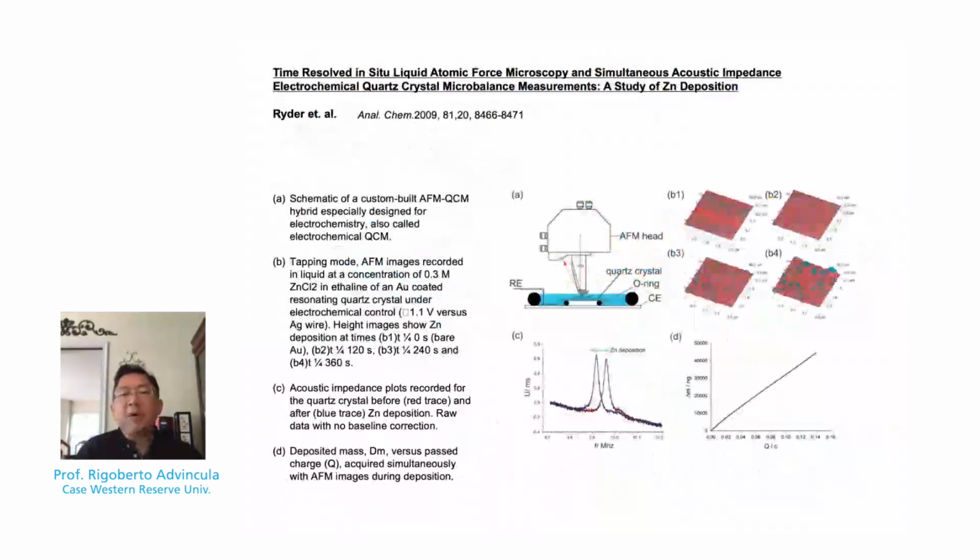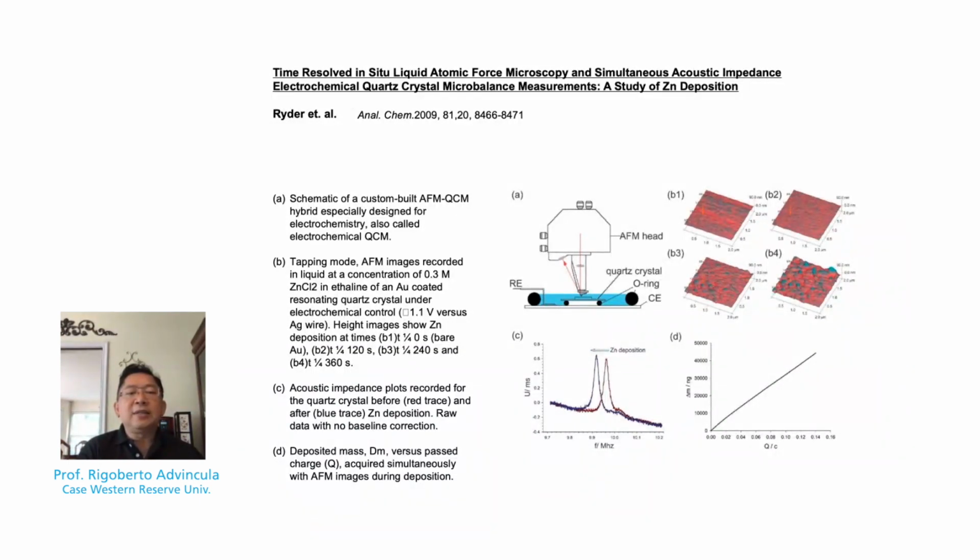So for example, in this paper where they monitor the deposition of zinc metal on a surface, this custom-built AFM QCM hybrid allows one to do electrochemistry or electrodeposition while simultaneously measuring the frequency shift and the AFM micrograph at various time frames.